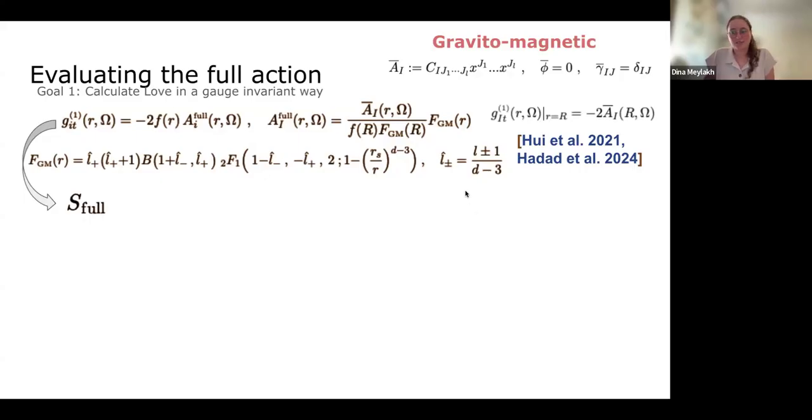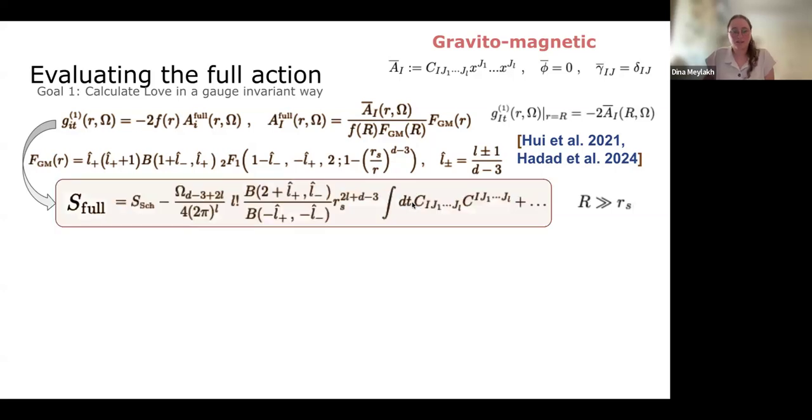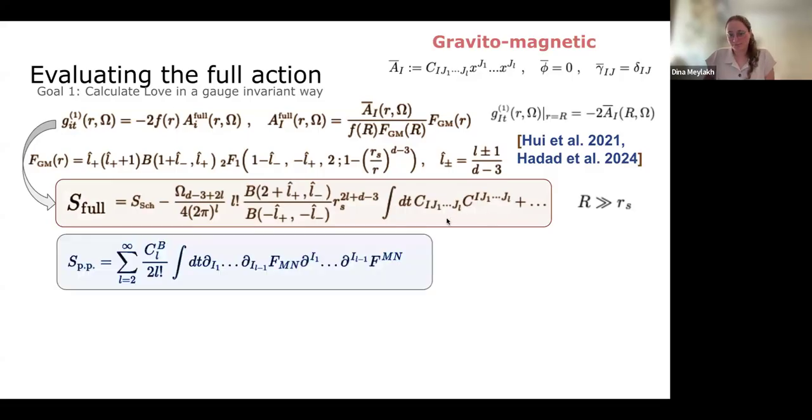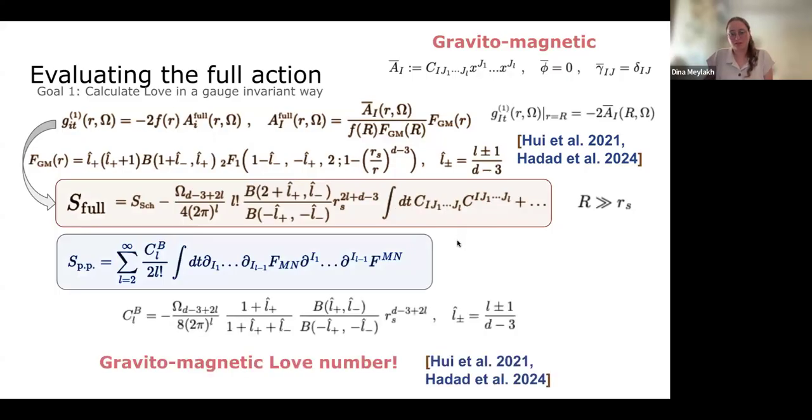We massage this action so that our boundary is far away, and we look at it as if it's a point particle, and we obtain a term that looks like our point particle action. And so we can identify our gravitomagnetic Love number, which agrees with the literature, but this time in a gauge-invariant way. So we have completed our first goal, and we can move on to the next goal.